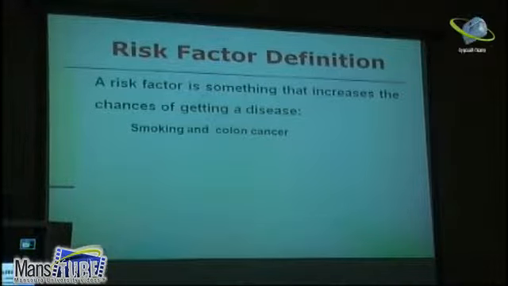So we should differentiate between risk factor and occurrence, because when you say that you are at risk for the development of chronic kidney disease or any complication, the person can say to you, I have a relative who smokes for 30 years, 40 years, and he is very well, and another person who doesn't smoke at all and he has comorbidities. So the risk factor, again the definition, increases the chance of kidney disease and not necessarily the occurrence of the disease.